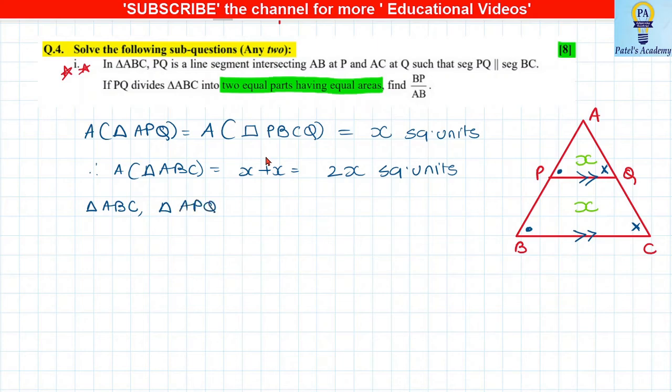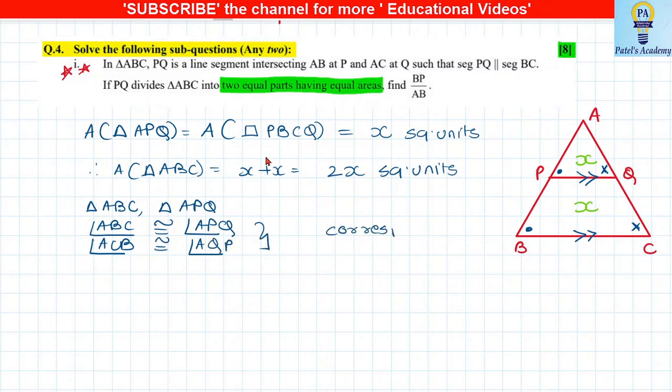In these two triangles, what is equal? We are talking about angle ABC is congruent to angle APQ, and angle ACB is congruent to angle AQP. Both are nothing but corresponding angles. Even if you see students, angle A is a common angle.